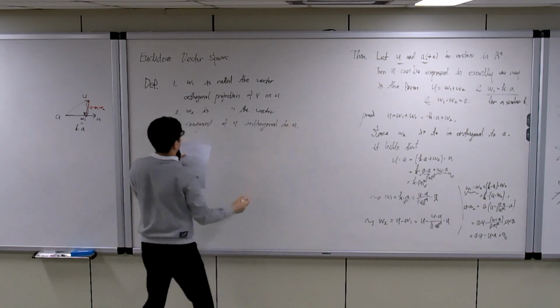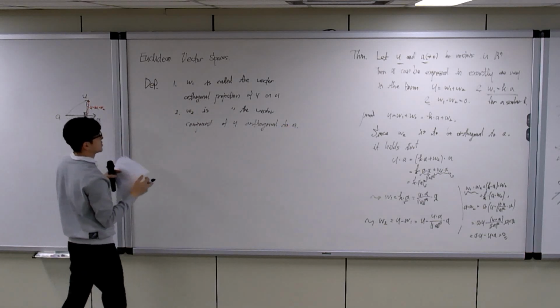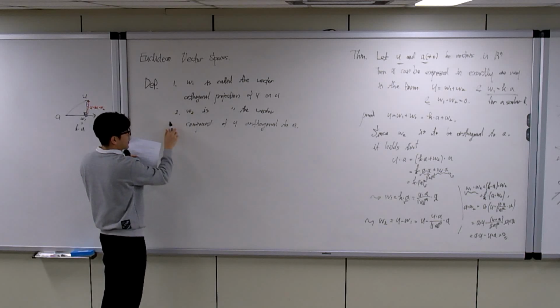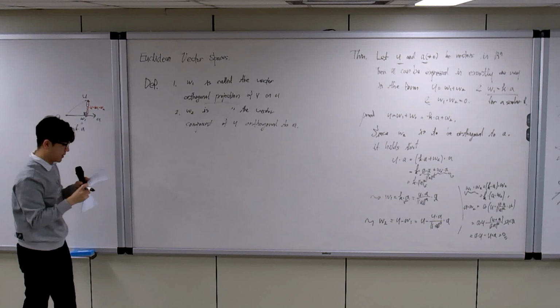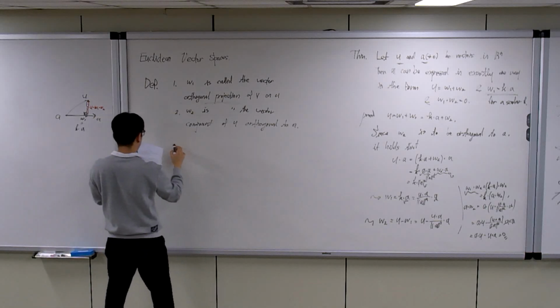I think we do not use this name often. We usually say the orthogonal projection of u on a, and it is w1.